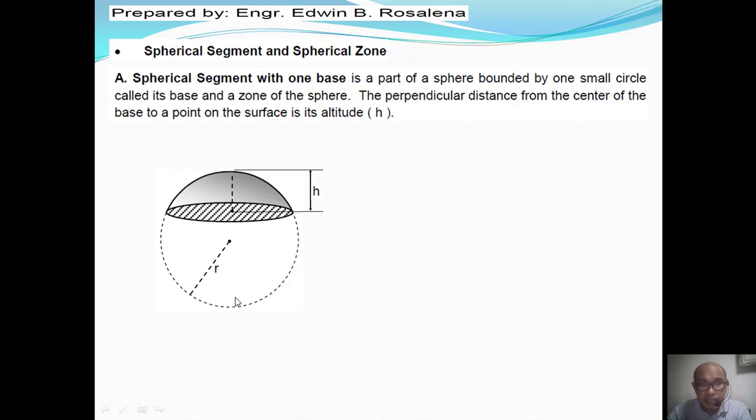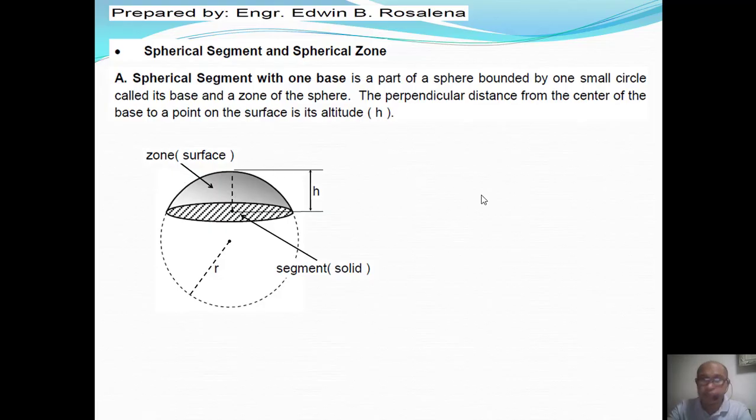Because this part here, as you notice, itong part is also a spherical segment with one base. Only we can say that this is the smaller segment cut, this is the bigger segment cut. Okay. So this is the solid. Itong solid na to, we call it the segment. And the surface is what we call the zone.